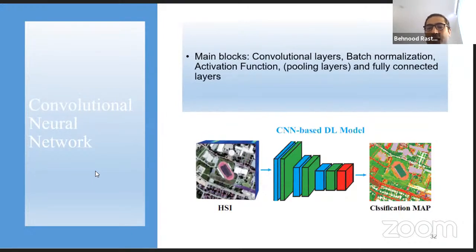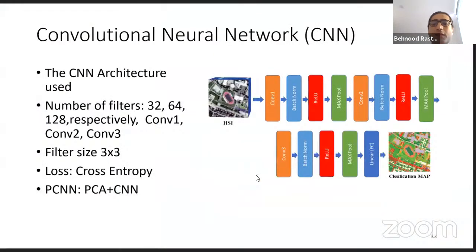Batch normalization normalizes the values at each layer, which speeds up the learning process and provides more robustness in terms of hyperparameter tuning. So this is the architecture that we used.